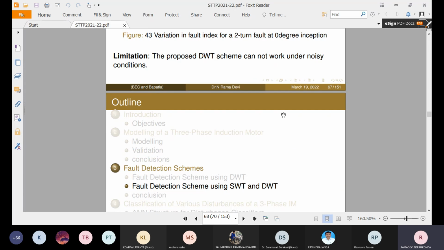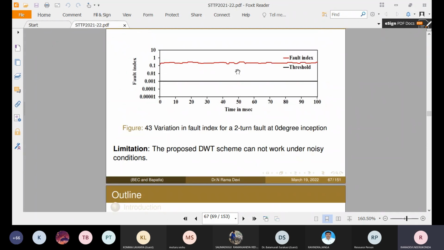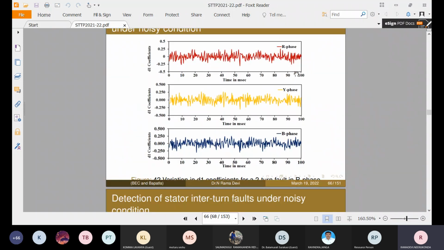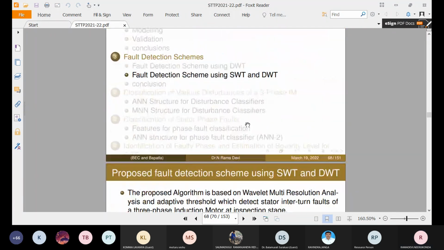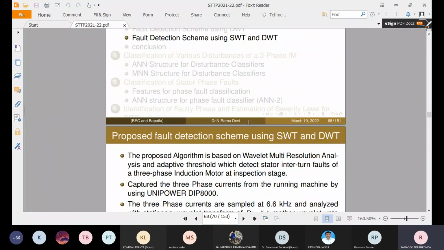For that purpose, we first need to eliminate the noise present in the signal without corrupting the features related to the fault. So we have to reconstruct the signal. That reconstruction process requires the stationary wavelet transform. For decomposition we again use the DWT, but for the reconstruction process we use the SWT.